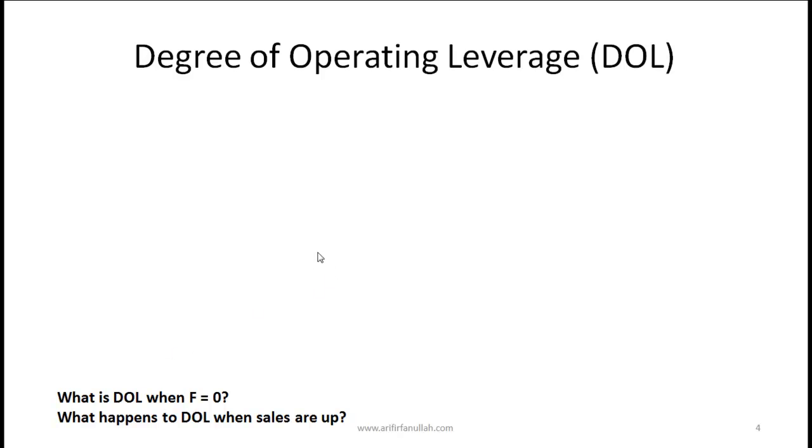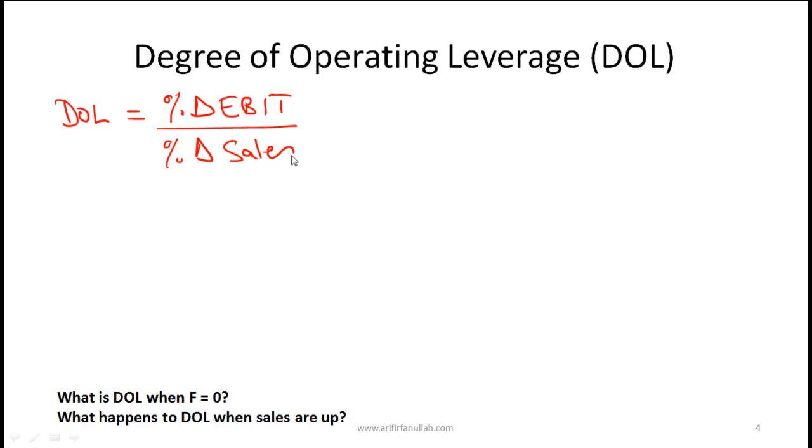Now let's talk about the concept of degree of operating leverage in a little more detail. Degree of operating leverage is the percentage change in EBIT, or operating profit, divided by the percentage change in sales.